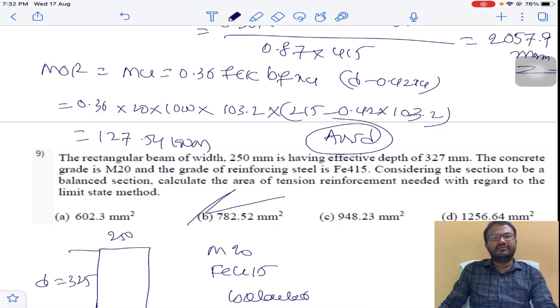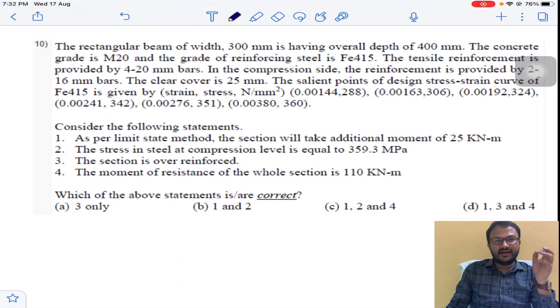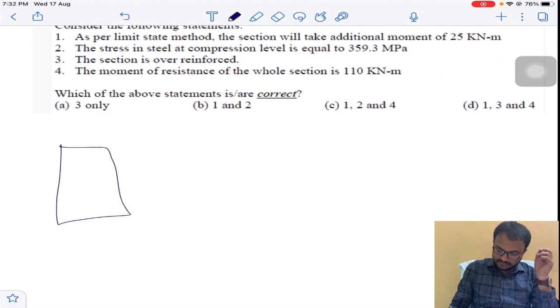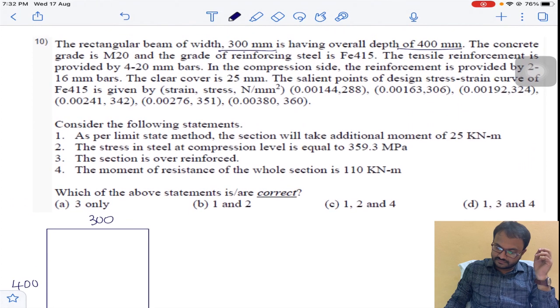Now, last question for the assignment, it is related to doubly reinforced section. Okay. So according to the data, pay some attention to this, it is a very important problem in the doubly reinforced section. So he has given data. So let me read the problem. Rectangular beam 300 mm by 400 mm. So first I will draw the diagram. So it is 300 mm and this is 400 mm.